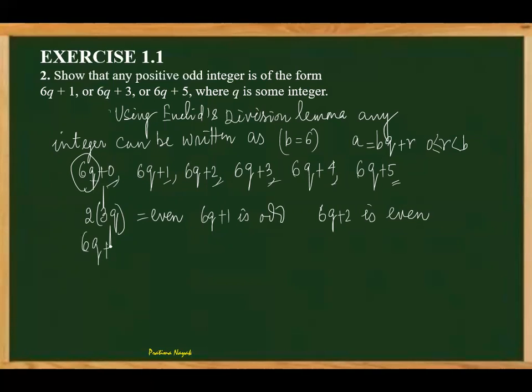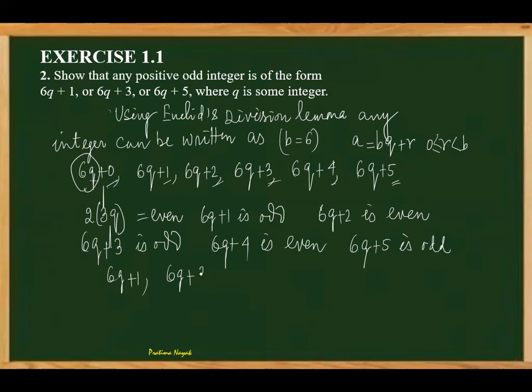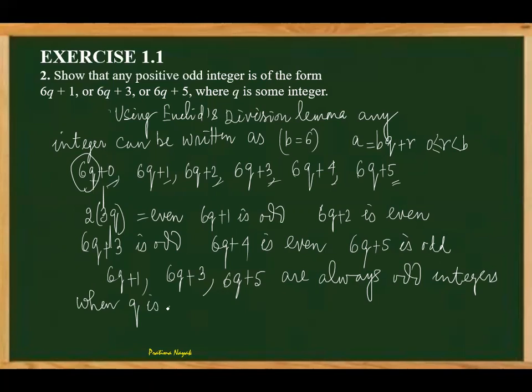Similarly, 6q plus 3 will be odd, 6q plus 4 is even, 6q plus 5 is odd. So 6q plus 1, 6q plus 3, 6q plus 5 are always odd integers when q is an integer. Of course, they are positive integers.